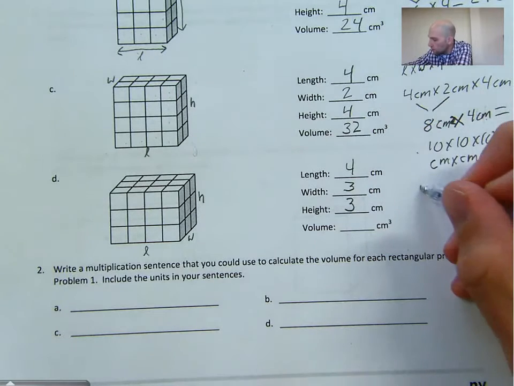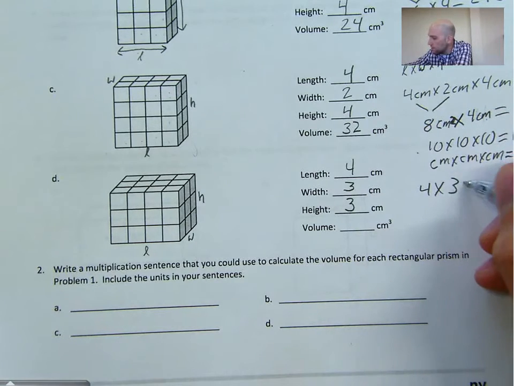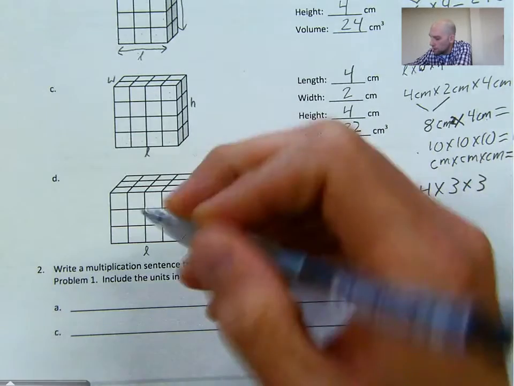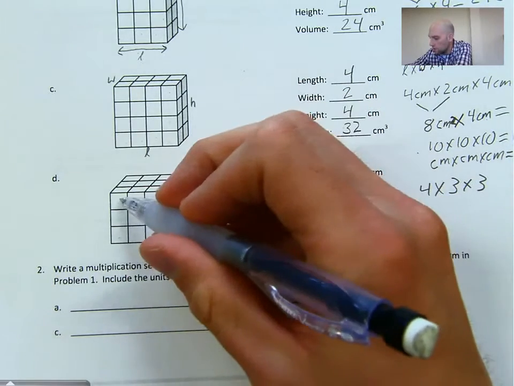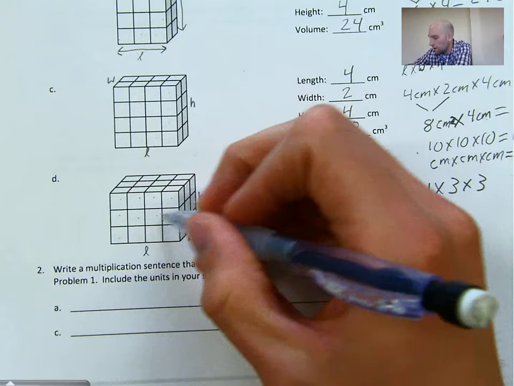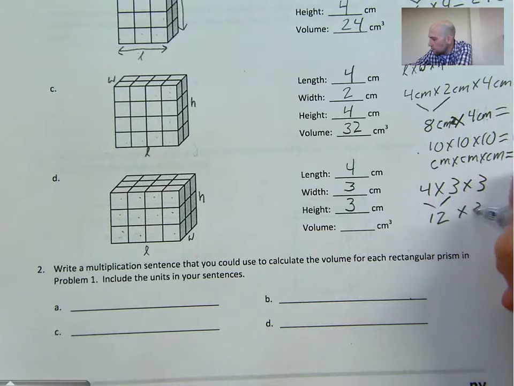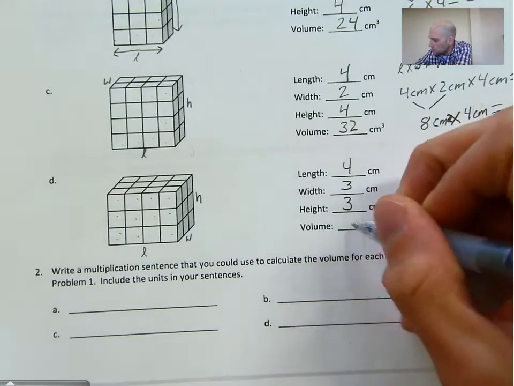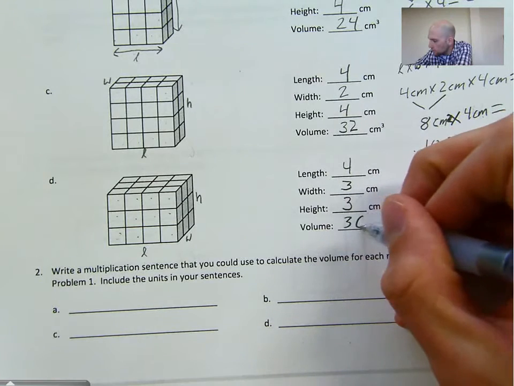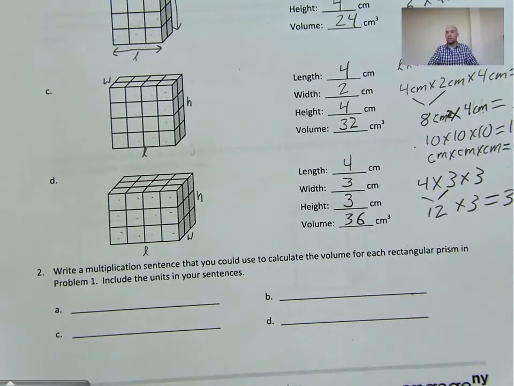So I need to do 4 times 3 times 3. 4 times 3 right here is 1, 2, 3, 4, 5, 6, 7, 8, 9, 10, 11, 12. Times 3 equals 36. We get 36 cubic centimeters, or centimeters cubed.